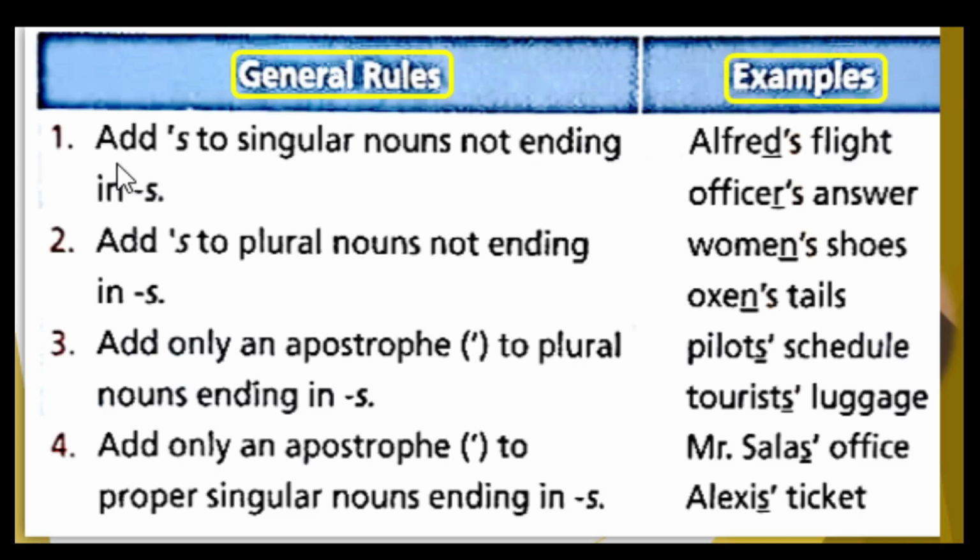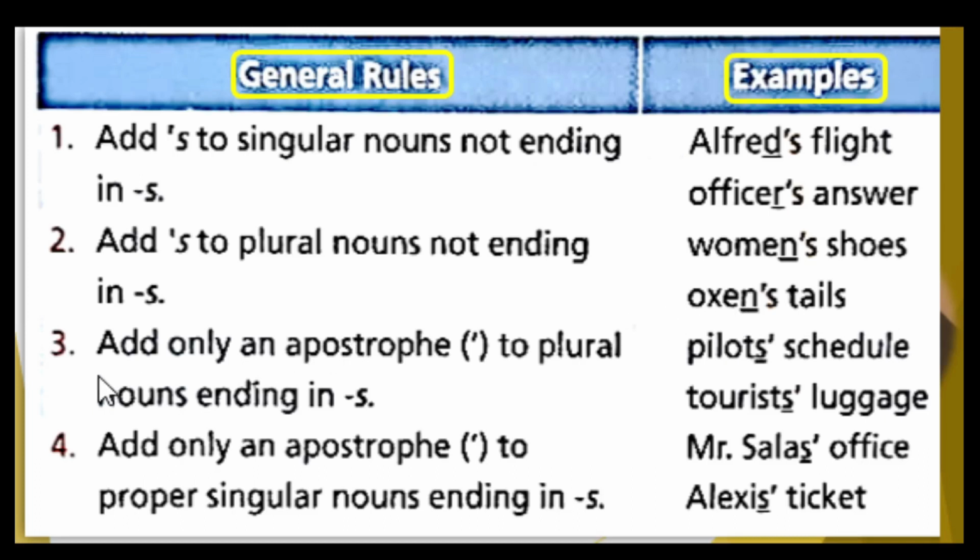First rule, just add apostrophe s to singular nouns not ending in s. For example, Alfred's flight, officer's answer. For your second rule, just add apostrophe s to plural nouns not ending in s. For example, women's shoes, oxen's tails.